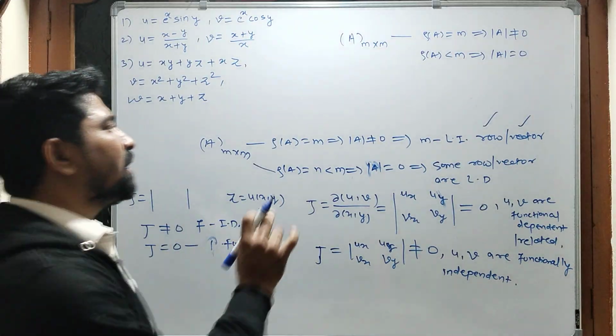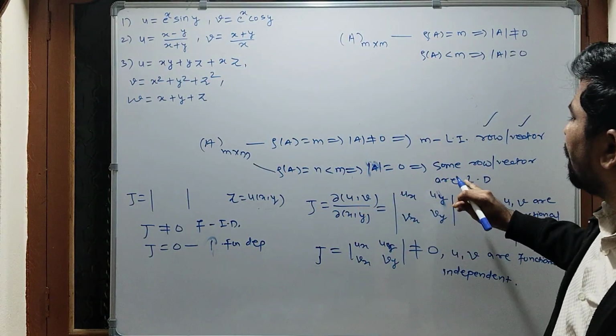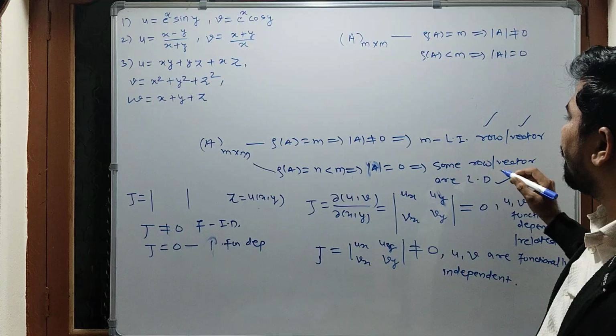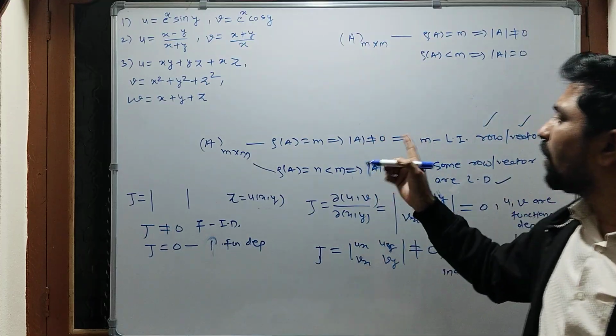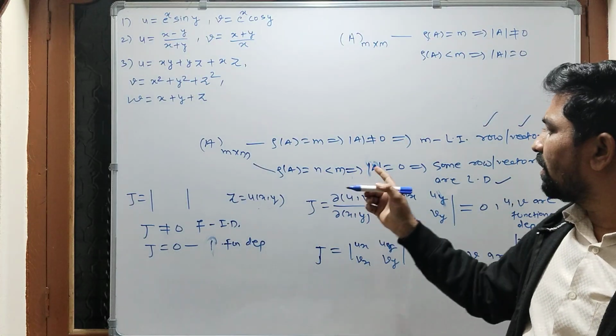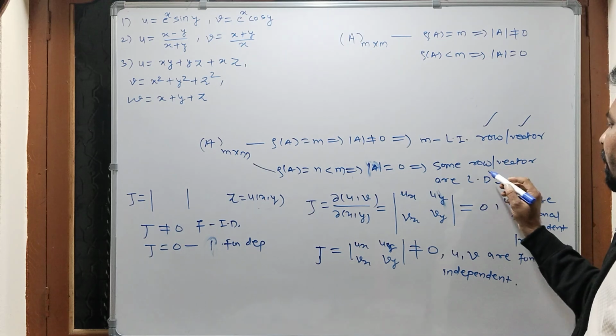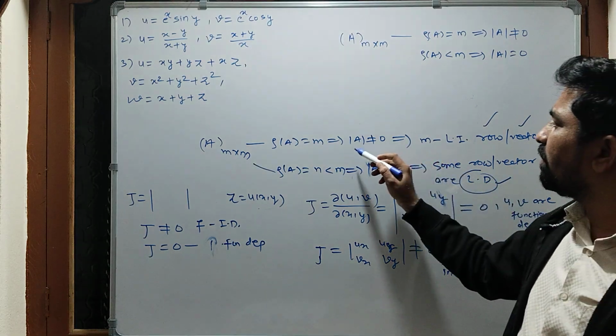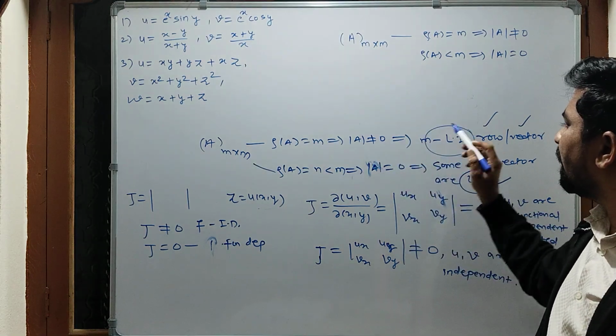So if the determinant is 0, the vectors are dependent, and if the determinant is non-zero, the vectors are linearly independent.